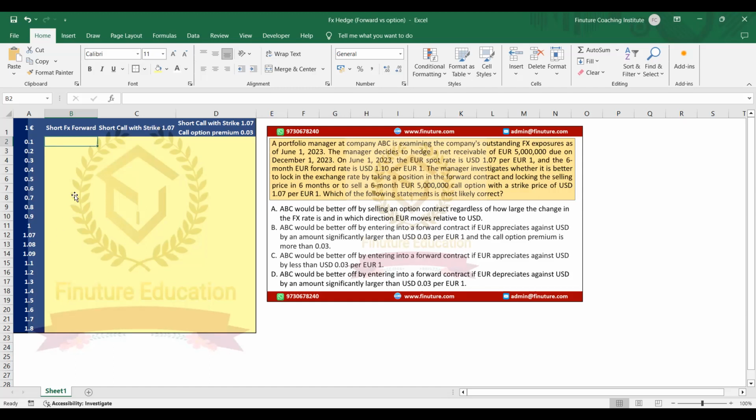So let's evaluate what would be my 5 million value if the prices of the euro are in this column A. When I say I have a short forward, basically at a certain price, that is the strike price, I would get that. So I will sell my euro at 1.1, so I will get $1.1.